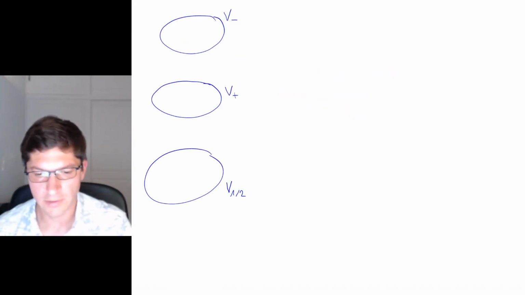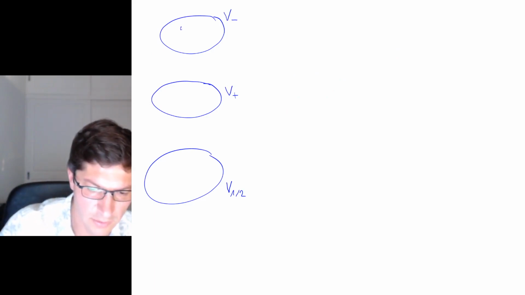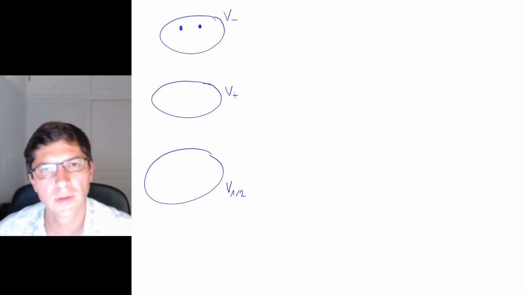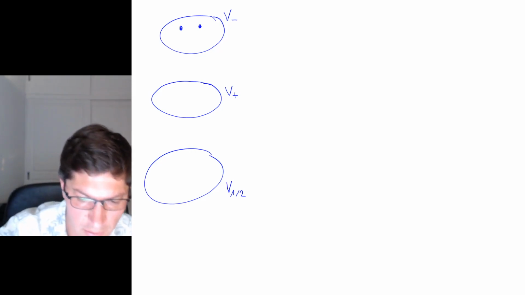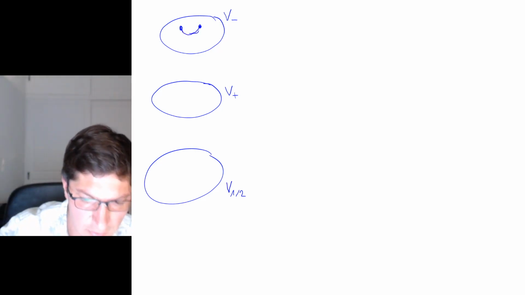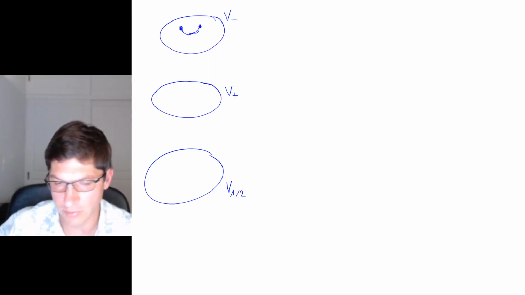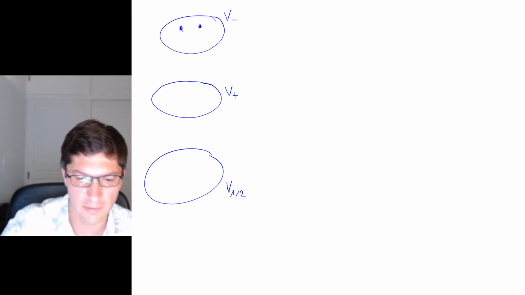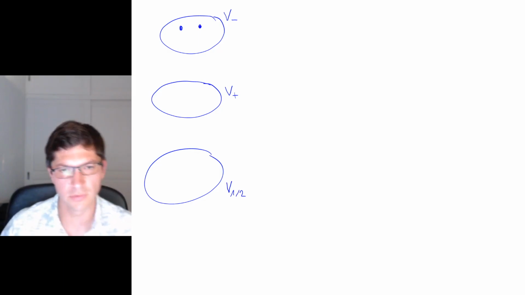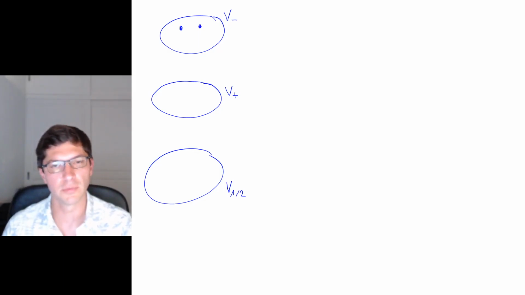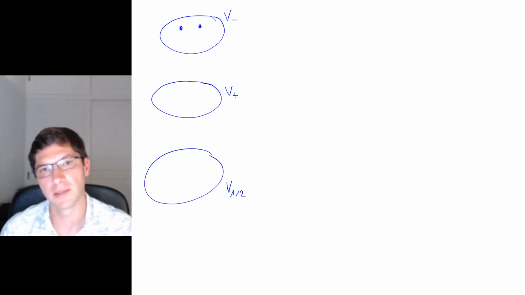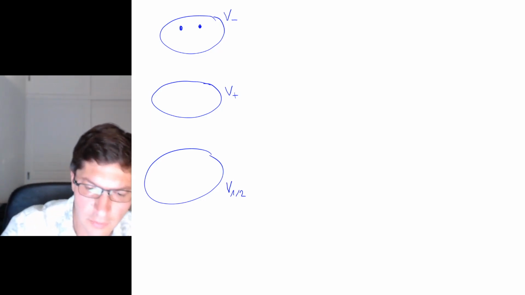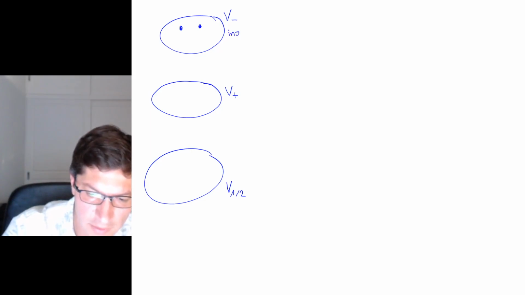We can observe that these were all the variables that had value less than 1/2. So in particular, we can notice that there's no edge here. So if we have two variables inside V minus, then the corresponding vertices do not have an edge between them, because otherwise we would violate the constraint that xi plus xj must be at least 1. So we notice that V minus is an independent set.